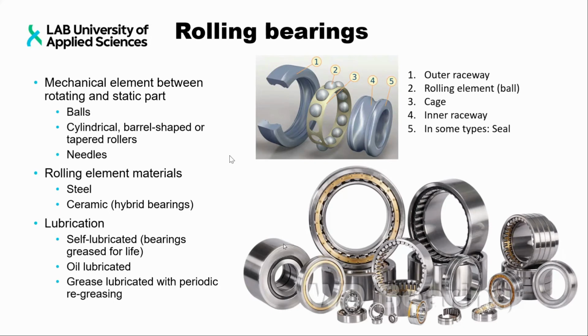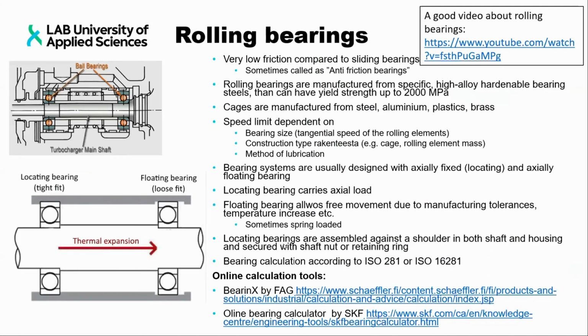Quite a common procedure in industrial applications is a so-called centralized greasing system with grease pipes to each of the bearings, and they feed each bearing depending on the speed and load requirements for individual bearings. Also for this, you can check the video about the rolling bearings by your own.